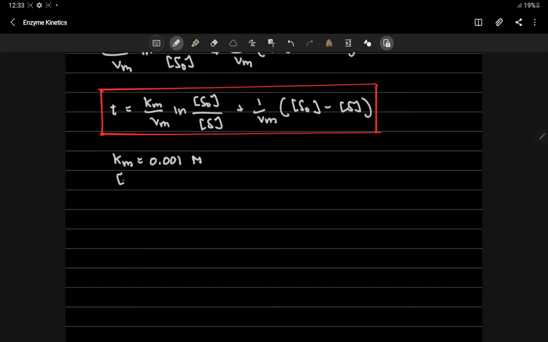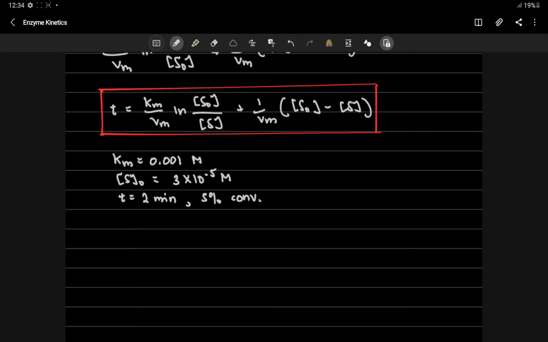Substrate concentration initially, you have 3 times 10 raised to negative 5 molar. Now, sabi sa problem, at t equals 2 minutes, ang conversion ay 5% conversion. Okay? So, the question is, gano'ng katagal kung ang gusto natin is 99% conversion?